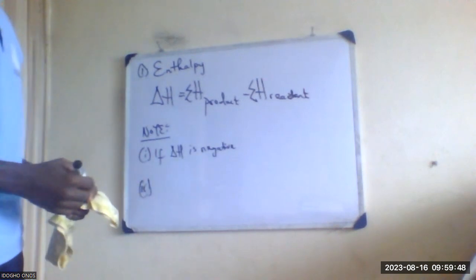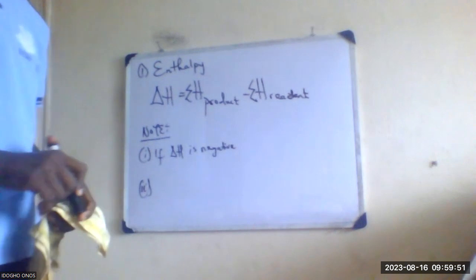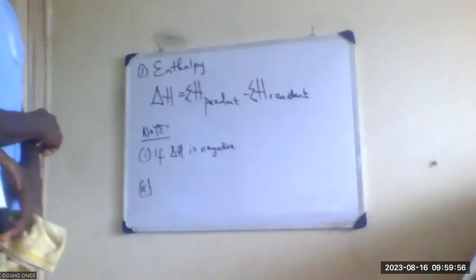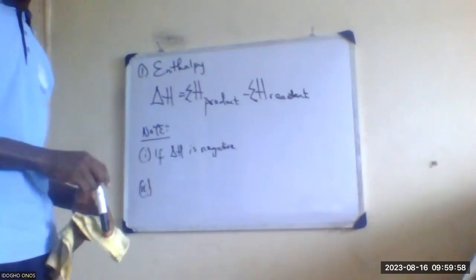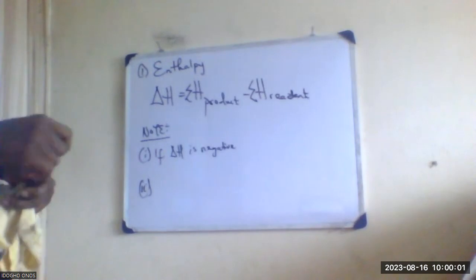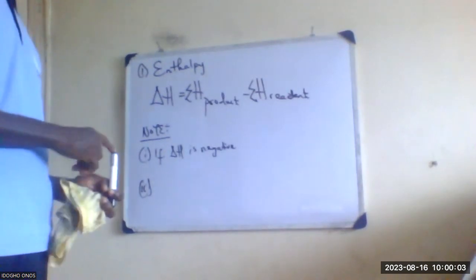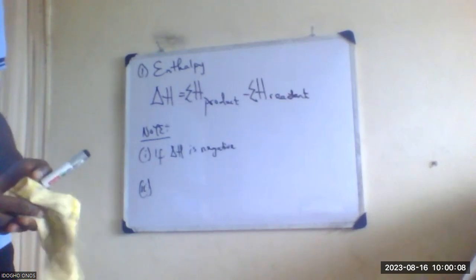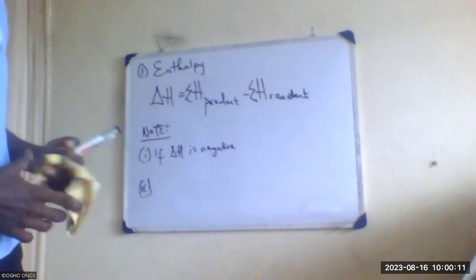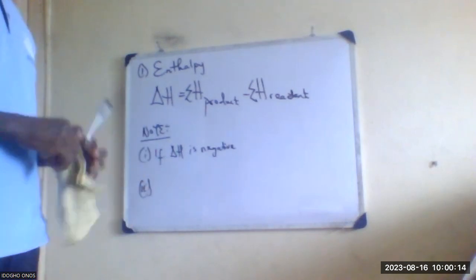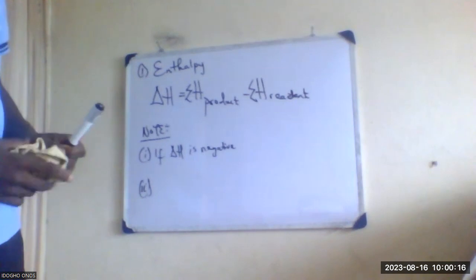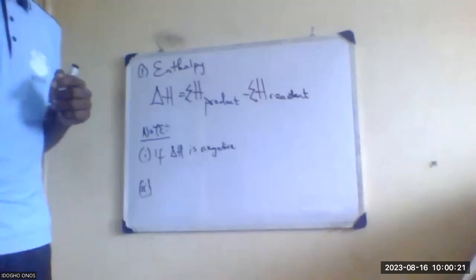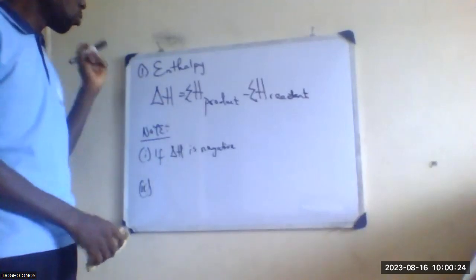If delta H is positive, the reaction is endothermic, because the heat content of the product is higher than the reactant. Is that okay? Yes. Okay, so let's look at one or two examples under enthalpy, and we'll move on to the next thing.